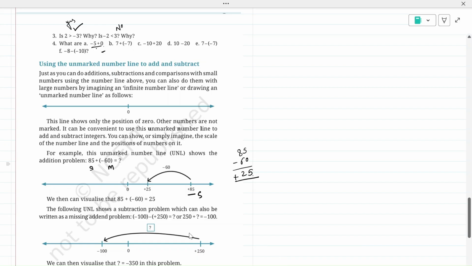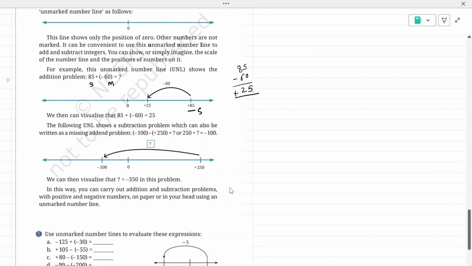Similarly, we can do these questions also. Now what we have here is the following unmarked number line showing a subtraction problem, which can also be written as a missing addend problem. So what it says is from 250 it has moved to minus 100. So we can also say that from 250 it is moving back.